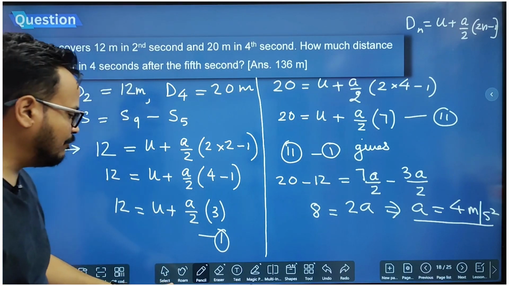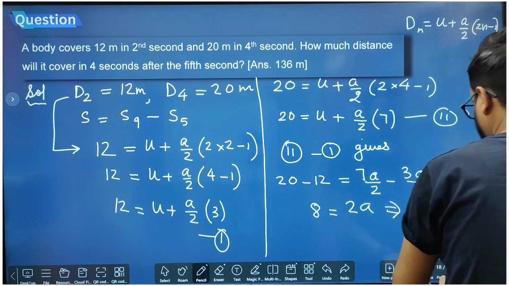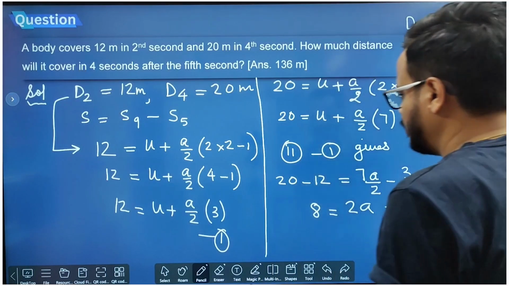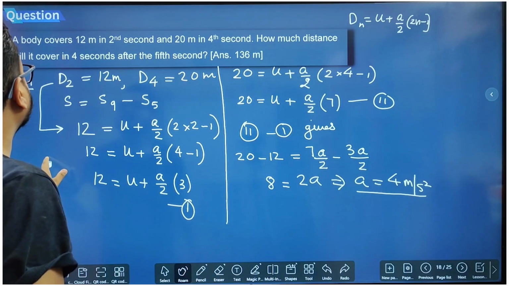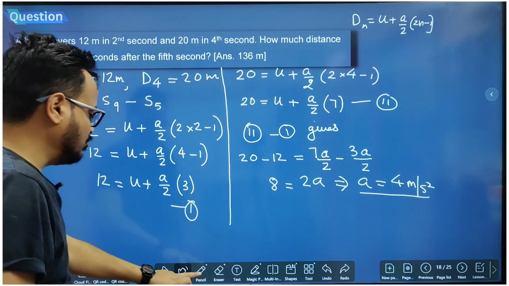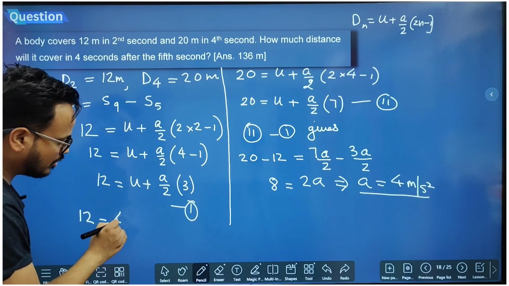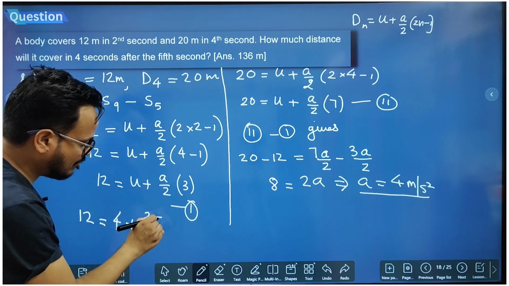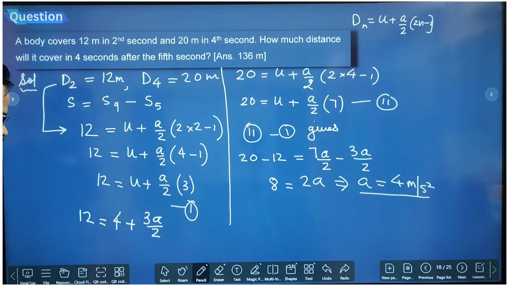And if we put acceleration here, let's put the value of acceleration here. So 12 equal to 4 plus 3a by 2. 12 minus 4 is 8.